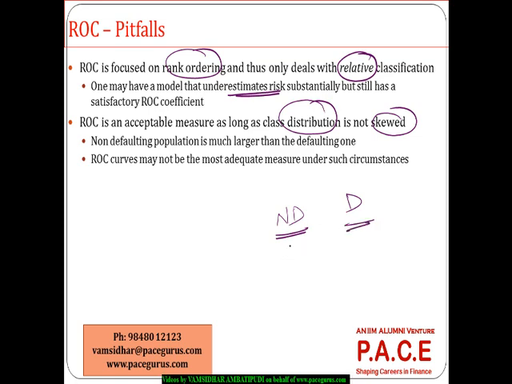The population is much smaller compared to this, which means there is a lot of skewness that is very much possible, which also tells us an indication that the ROC kind of an approach may not be a perfect fit for these kind of models. But however, we do use them. That is where we really need to understand the limitations of the model so that we can do the interpretation in a much better way.